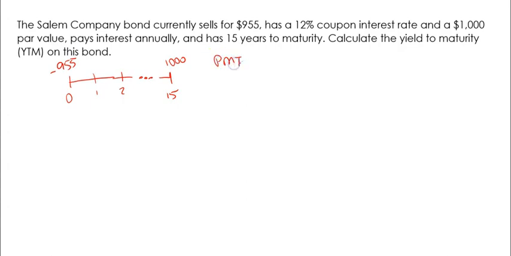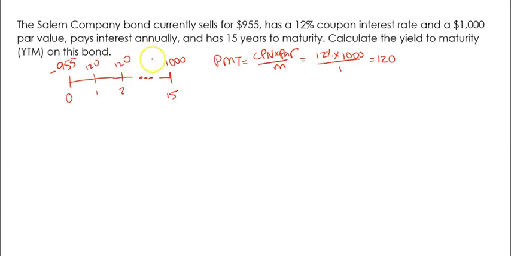So we first have to calculate our coupon. So our payment is equal to coupon times par divided by compounding frequency. So the coupon rate is 12% times $1,000 par value divided by 1. That's $120.